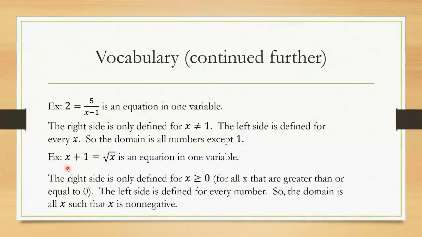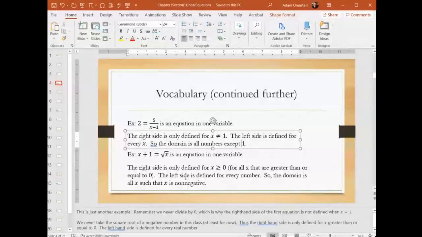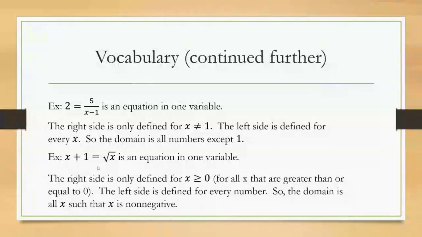So the left-hand side is defined for every number. The right-hand side, though, that's a little bit different. In this class, we only take the square root of a non-negative number. We don't take the square root of a negative number here, because then we're going to have what are called complex numbers. We're not studying those in this class. So the right-hand side is defined only for numbers greater than or equal to 0.